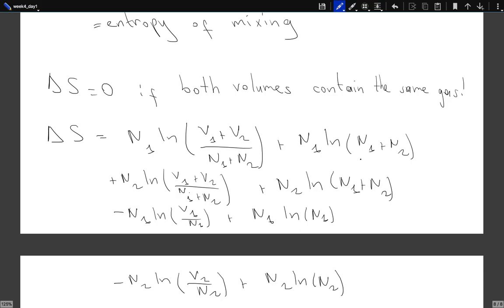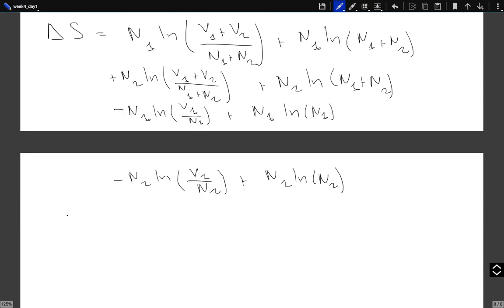Now, the reason why I did that is that the problematic case was if both parts were identical, meaning that they have the same type of gas, at same density, at same temperature, etc. That basically means that V1 over N1 should be equal to V2 over N2, which should be equal to V1 plus V2 over N1 plus N2.